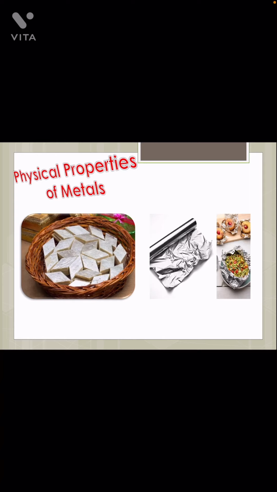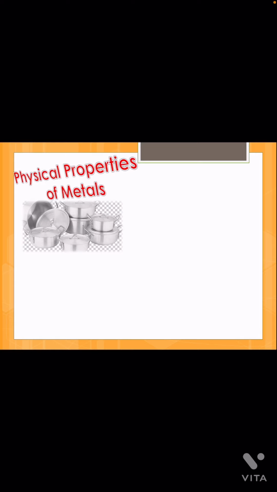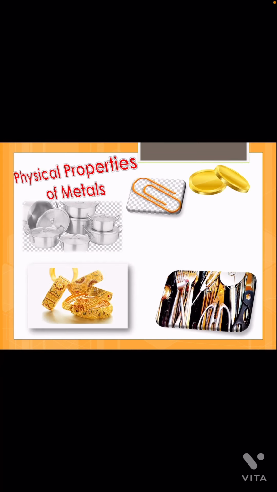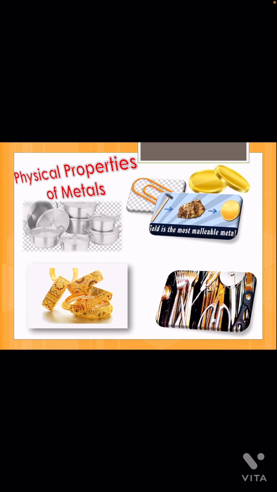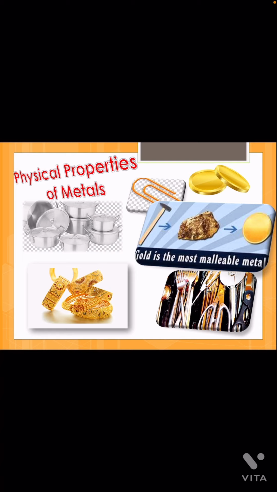Let's see more examples of malleability. Metals like iron, steel, aluminium, copper, gold, silver, etc. are examples of malleable metals. Gold is the most malleable metal.